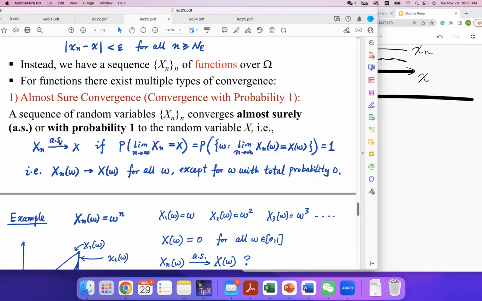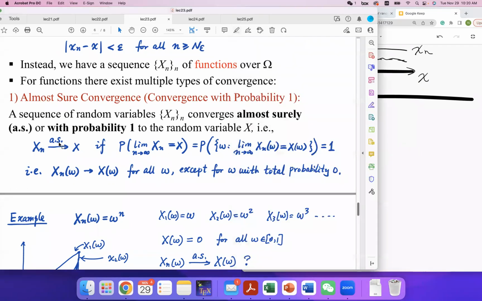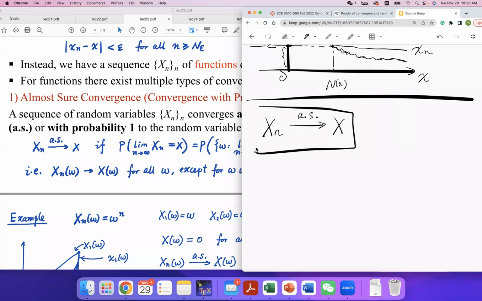The notation is to write that Xn converges to X, in the almost sure type. We write a.s. for almost surely. Xn, the sequence of random variables, converges to X almost surely.